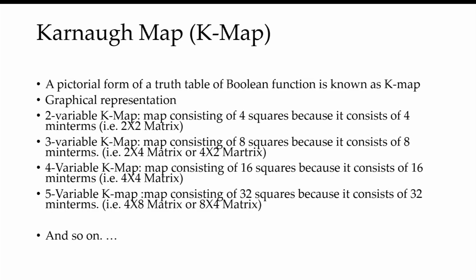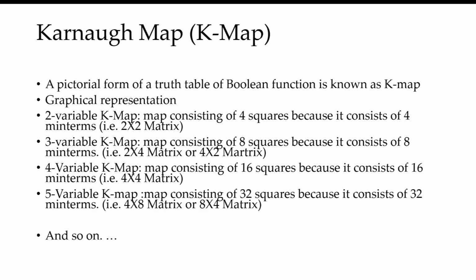Now what is the Karnaugh map and why do we use this technique? A Karnaugh map is nothing but a pictorial form of the truth table of a Boolean function. It is also known as a graphical representation of a Boolean function.